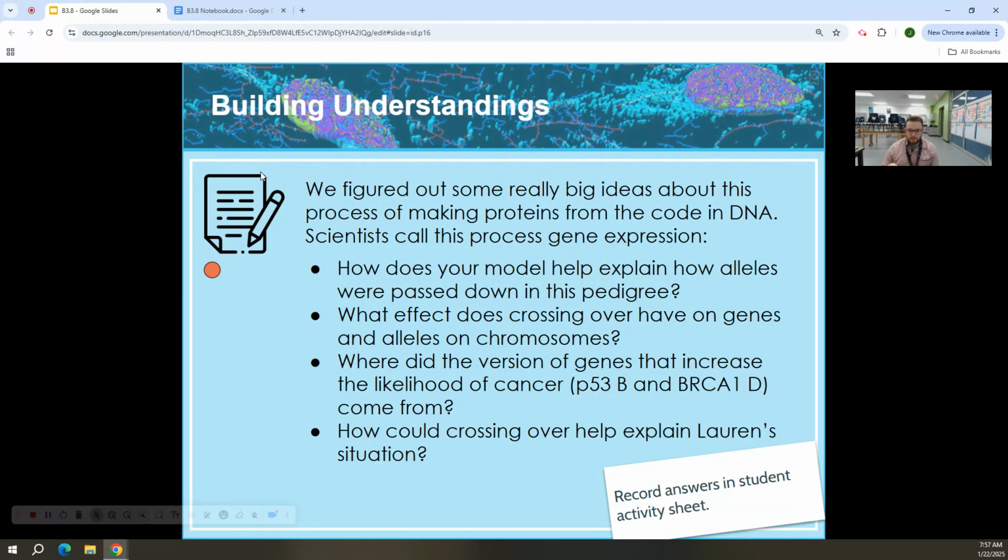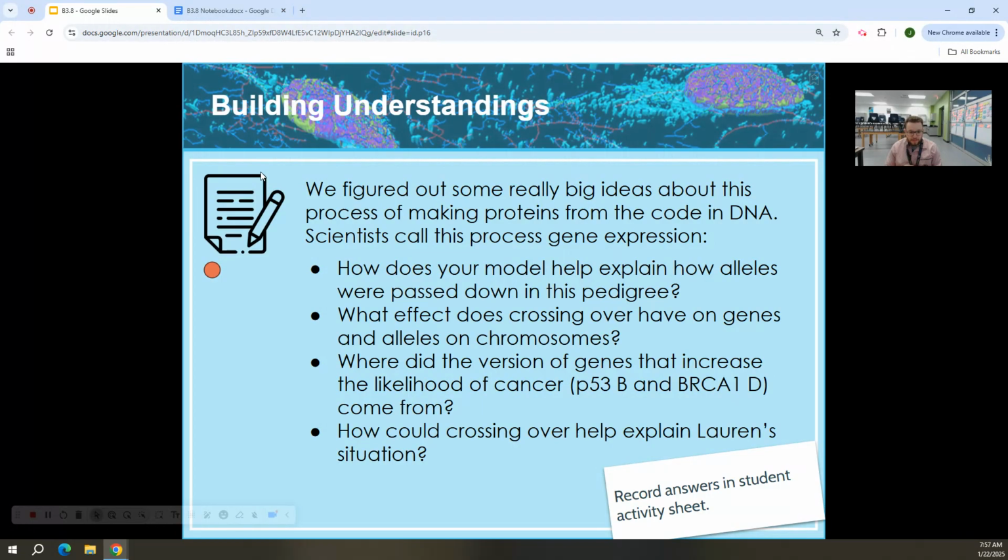How is that going to have an effect on genes and alleles on chromosomes, and how is that going to increase genetic variation? Before we talked about crossing over, there are very few possible combinations. It can either have my A and B, or my C and D, and I can only pass on the combinations that I already have. But after crossing over, now there are a lot more different combinations that I could have and pass to my offspring.